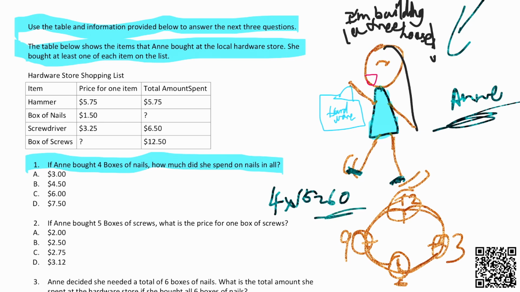If 4 times 15 equals 60, and 1.5 is basically 15 divided by 10, it would be 60, the outcome, divided by 10 as well. So it would be 6.0. That means she spent $6 on nails in all.